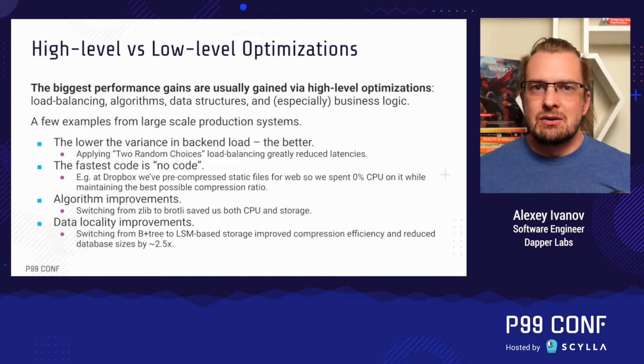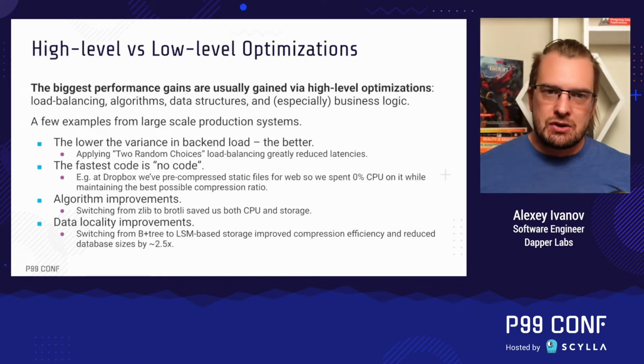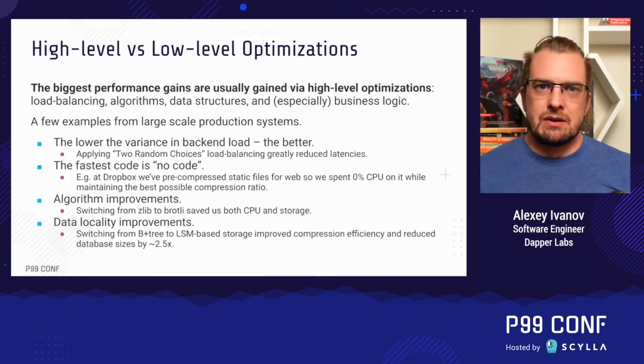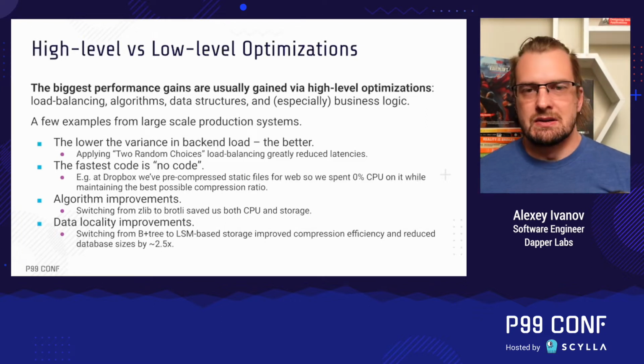Again, no amount of optimization on the lower levels could give us that kind of performance improvement. Or switching from zlib to Brotli on the data storage side. Again, free CPU by changing the business logic and lots of storage space win.